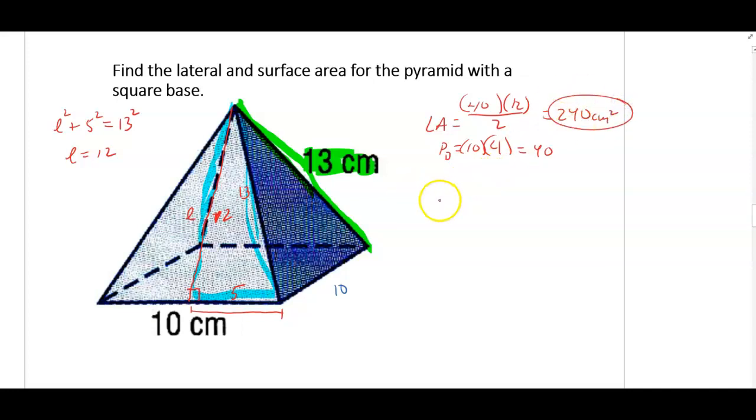That would be your lateral area. Now the area of the base here would be just 10 times 10, which is 100. So now we can find the surface area to be 240 plus 100, which is 340 centimeters squared.